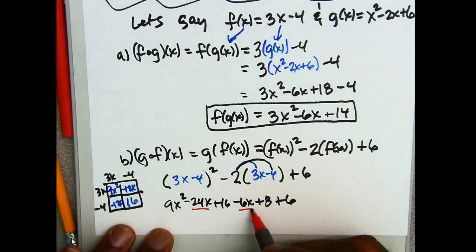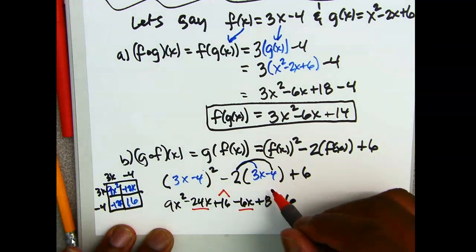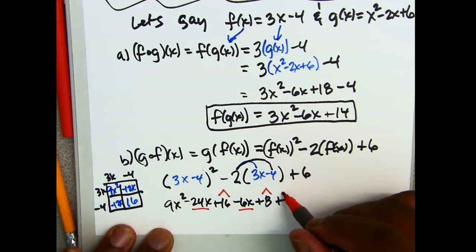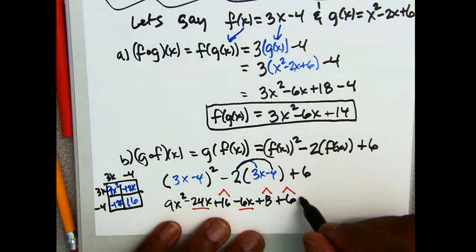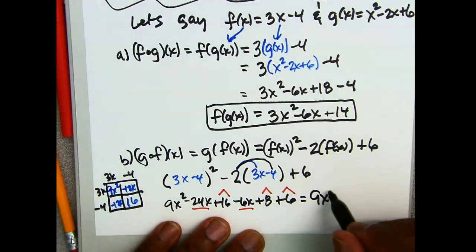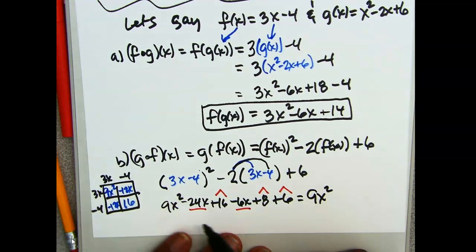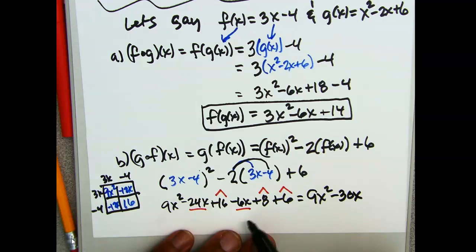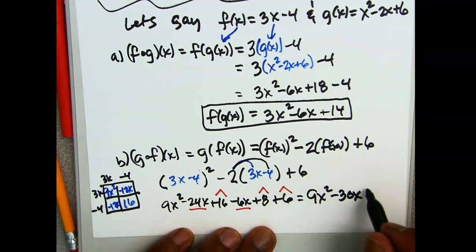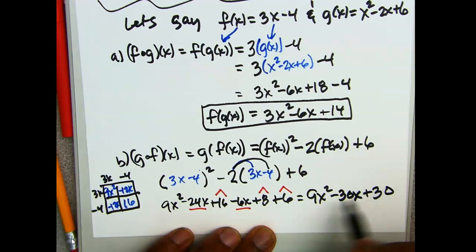We have constants of 16, of 8, and of 6. So our final answer is 9x squared. Negative 24x minus 6x is negative 30x. And then 16 plus 8 is 24, and 24 plus 6 is 30. And that's our final solution.